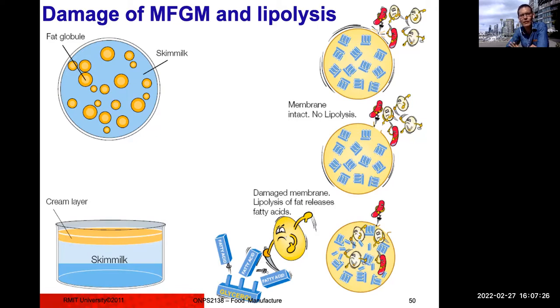So that's why it's really important for good manufacturing practice to start from the agricultural environment. We're talking about pre-farm gate here, to ensure that the microbial count overall is low, and especially that the psychrotrophic Pseudomonas count is low, and it remains low.